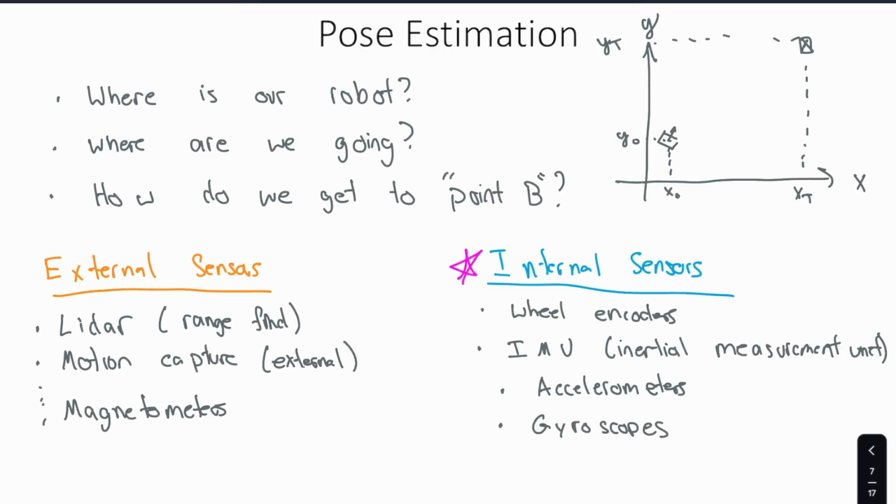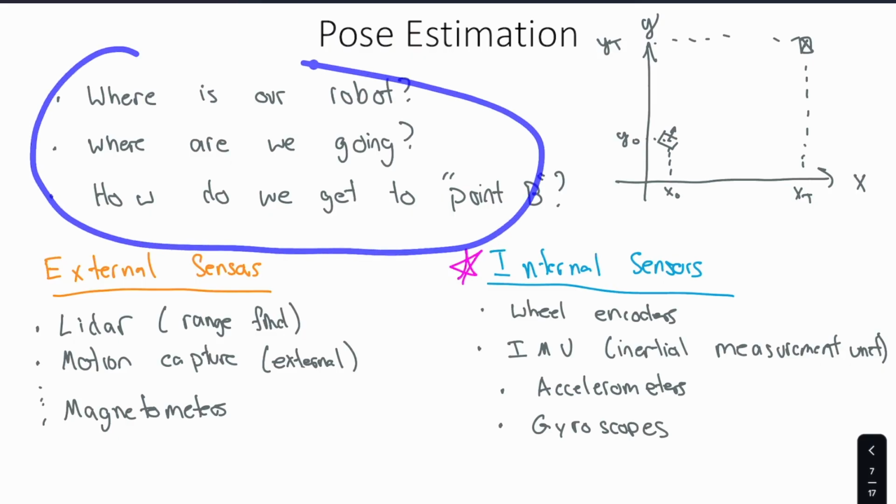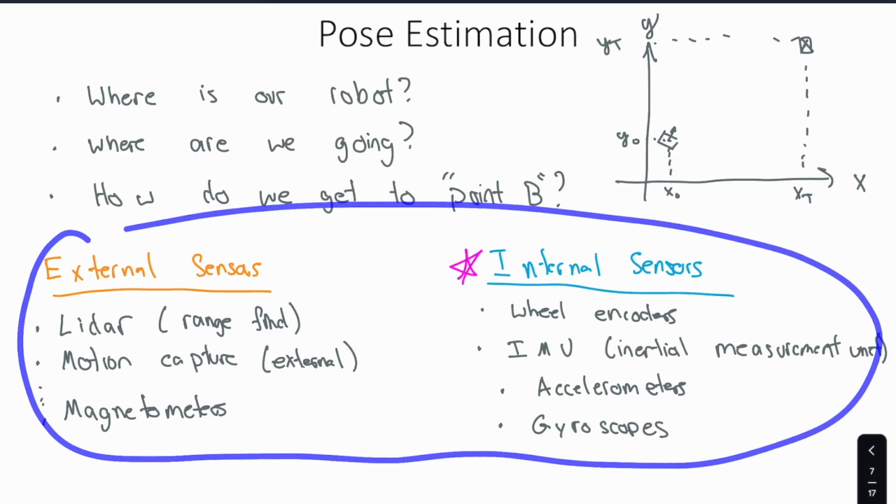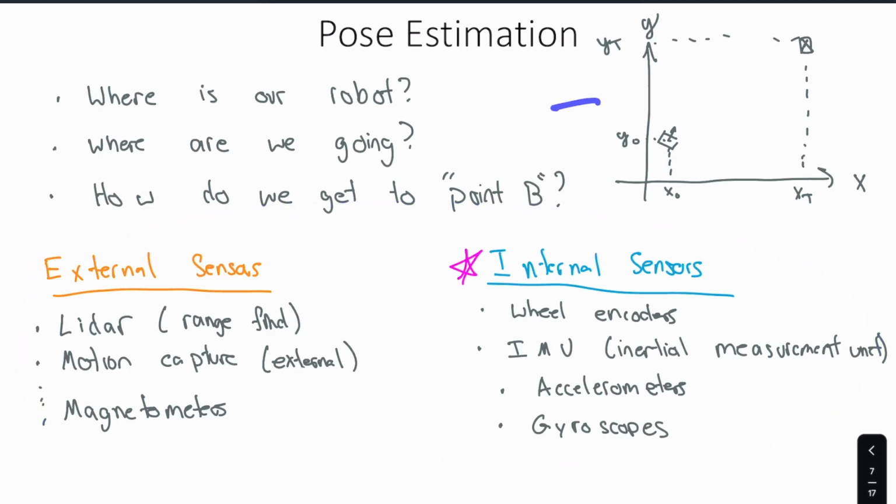So now that we have a little bit of an idea of what we're trying to do with pose estimation, and we know what kind of data will be available, let's start formalizing this framework, starting with our reference frames or coordinate systems. Largely speaking, our pictures for the rest of the semester will look a lot like this. Our robot is not going to be flying around, so we're not going to worry about a vertical z-axis.